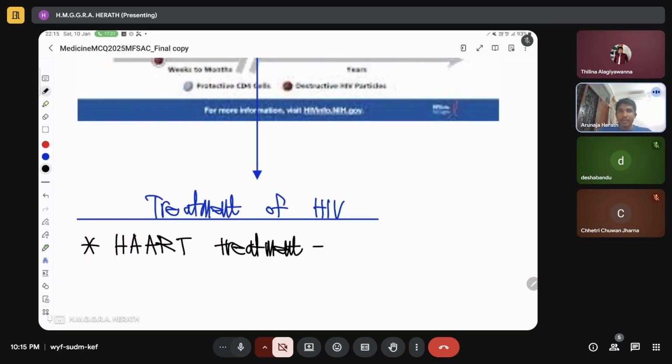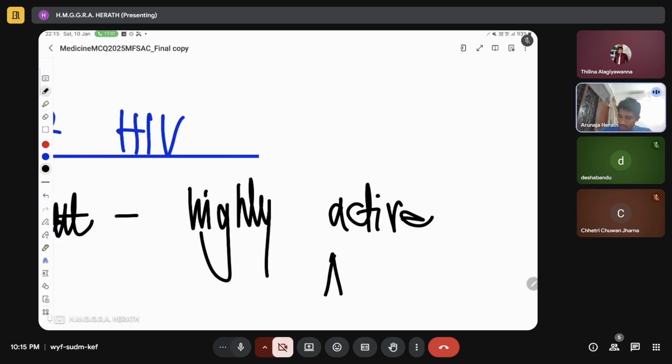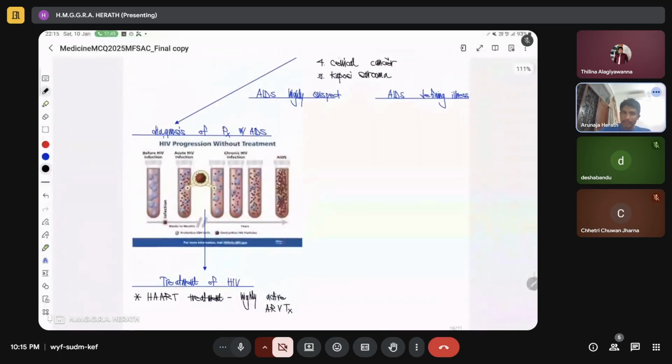There is a mnemonic for it, HEART. Highly active antiretroviral therapy.